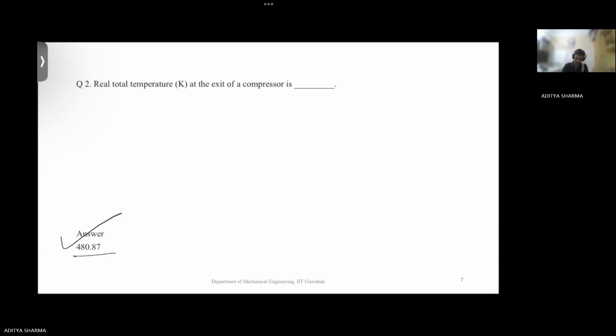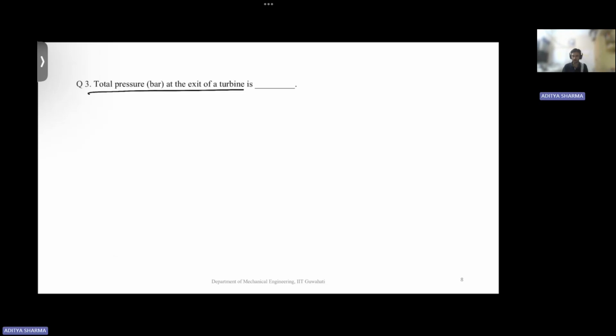So this was question number 2, 480.87. Then next question is total pressure at the exit of turbine. Total pressure at the exit of the turbine has been asked.